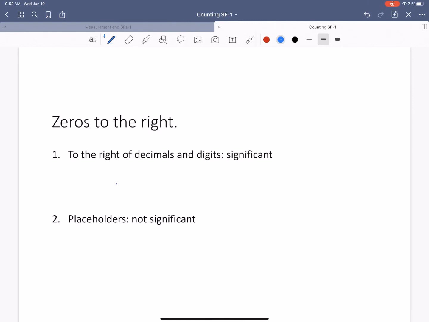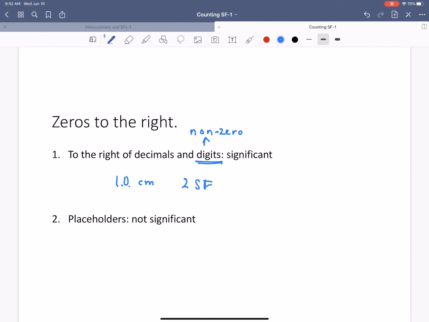If I have a decimal and I have a digit that is, this should say non-zero digits, the 0 to the right is significant. And so that could look like this, 1.0 centimeters. This 0 is to the right of a decimal and a digit. It counts. So decimal, digit, 0, that 0 counts, 2 sig figs.